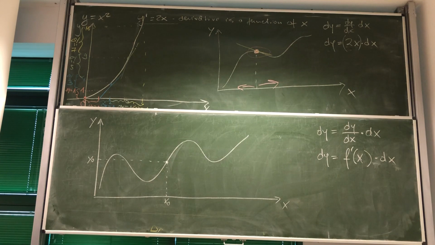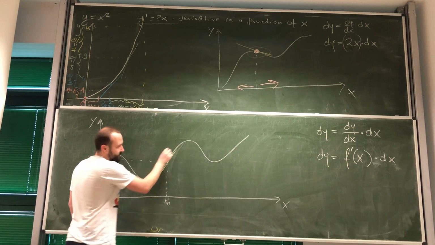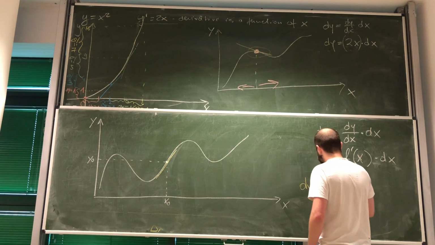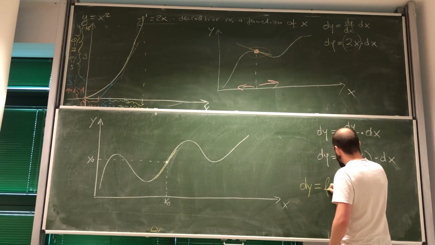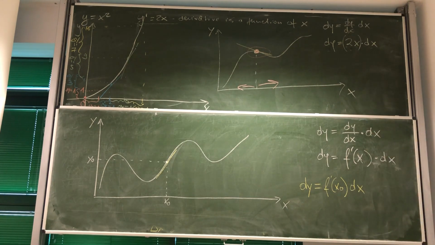Okay, so look, what do we get in this case? In this case, the differential, let's call it the yellow differential, is given by f prime of x0 times dx. So what is this differential telling us?